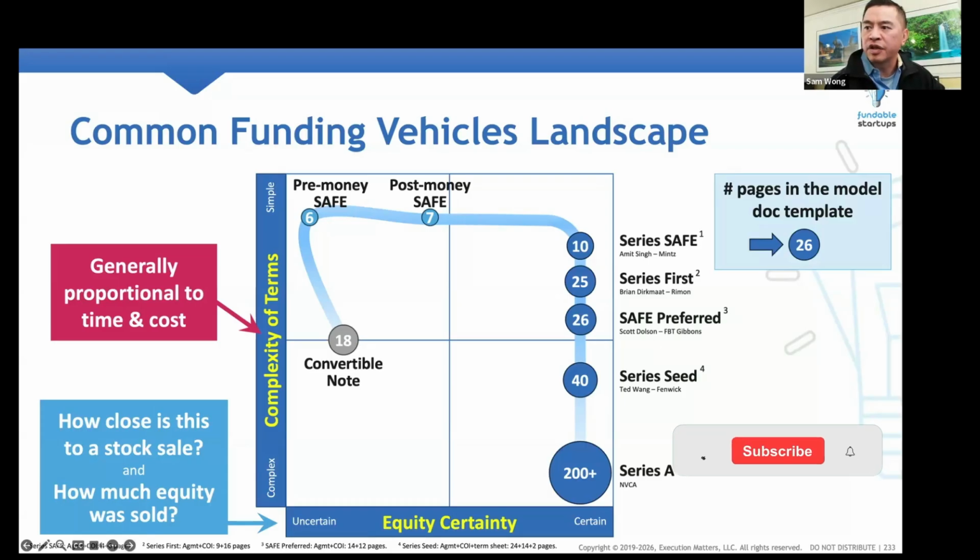Question: what percentage of raises are pre-revenue nowadays? I don't have a good stat on that, unfortunately, Wade. But I would say that more and more startups that raise are post-revenue, unless they're in certain industries like hard tech or pharma, where revenue is 5 to 10 years down the road.